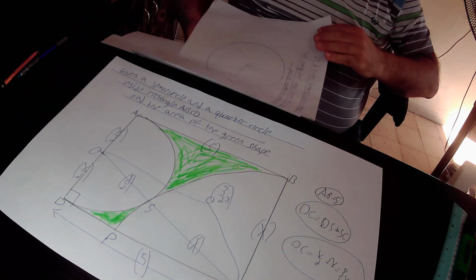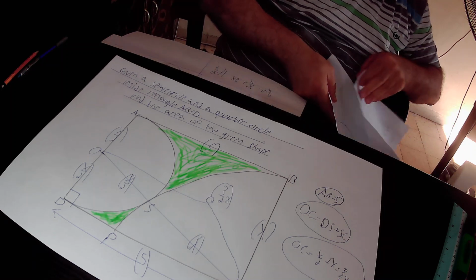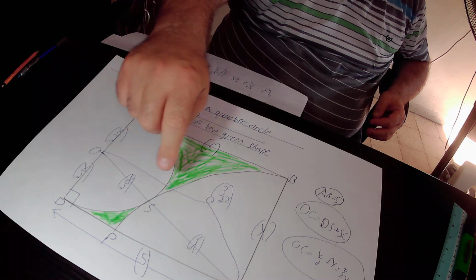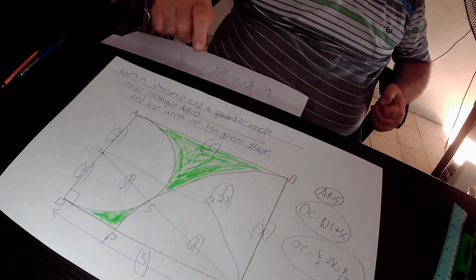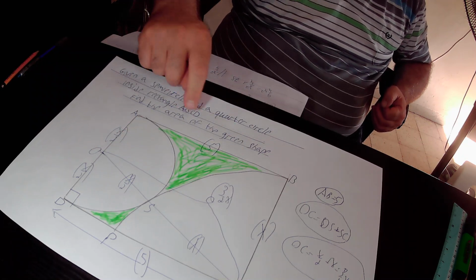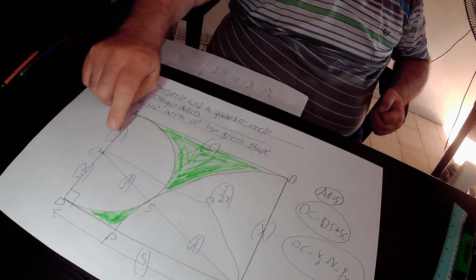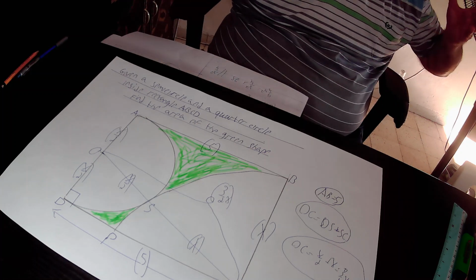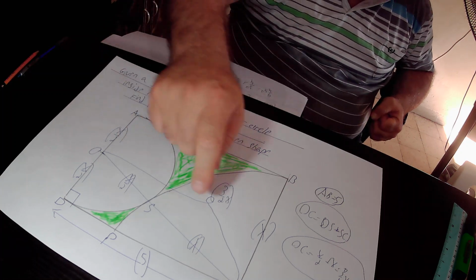So we can actually implement rule 10 in our drawing. In our drawing, we have an external touch between the semicircle and the quarter circle. The center of this semicircle is at point O. The center of this quarter circle is at point C. And the straight line that connects their centers together is of course the straight line OC.